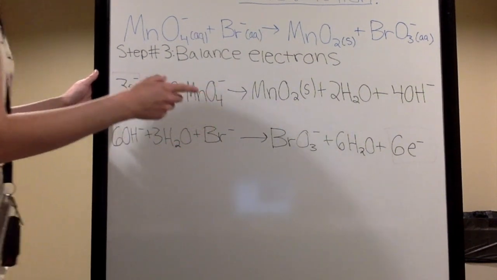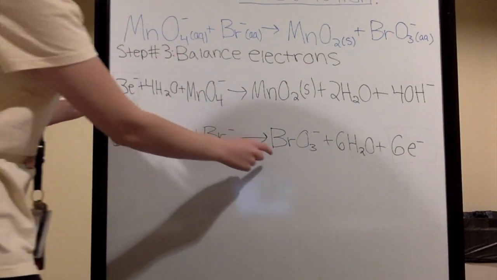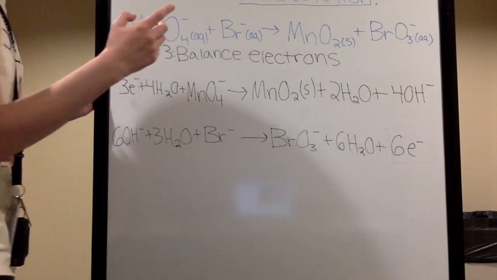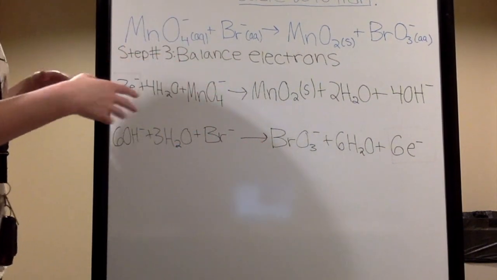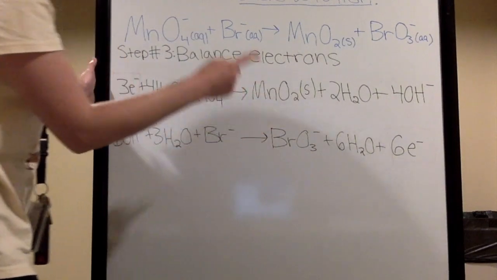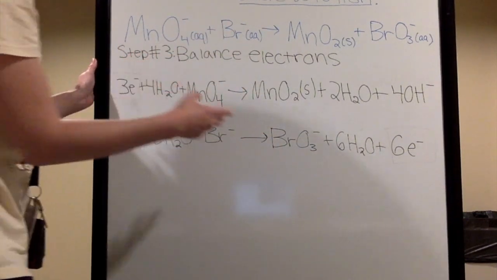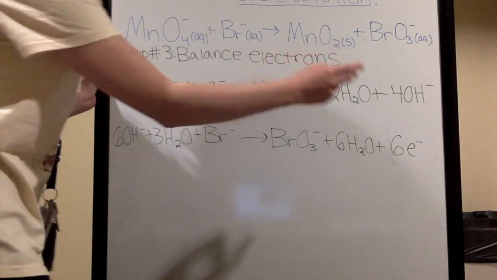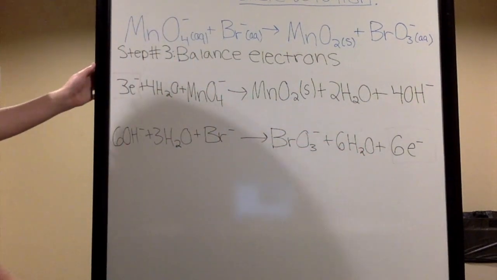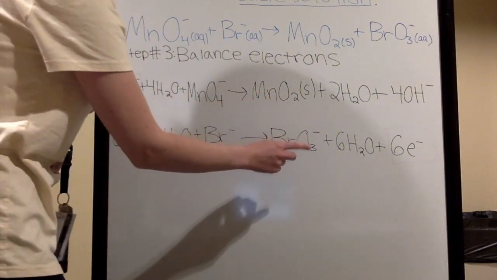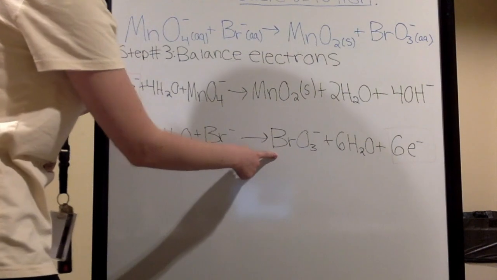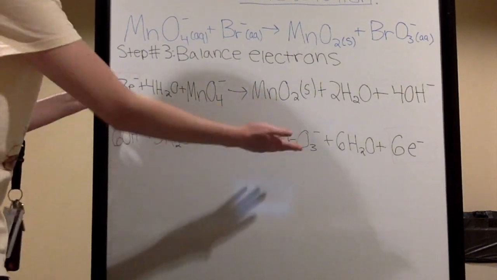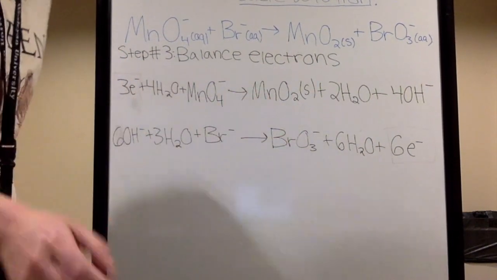And so on the product side, there was originally only a negative 1 charge. Therefore, we had to add 6 electrons to the product side to get 7 total negative charges, which would balance the charges on each side of the half reaction.